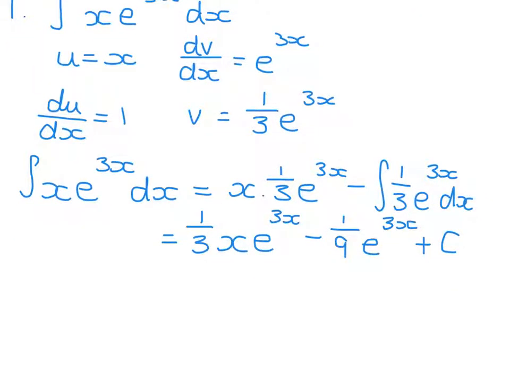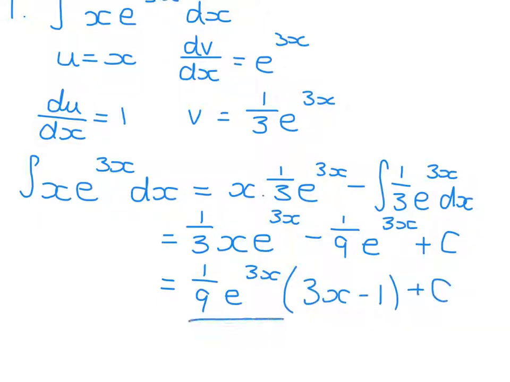We can factorise this to give us 1/9 e to the 3x times (3x minus 1) plus c as our final answer.